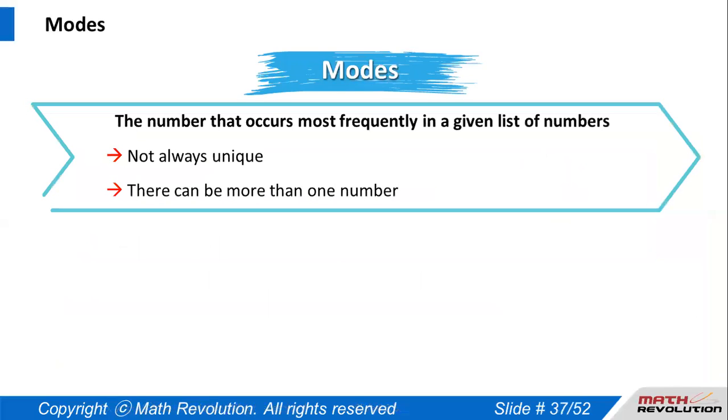Let's talk about the mode. It's pretty easy. Anything that repeats itself the maximum number of times in the data set. So we deal with the term frequency. The number that has the highest frequency would be the mode, but it's not at all necessary that you would always have one mode. There are data sets which are unimodal, which are bimodal.